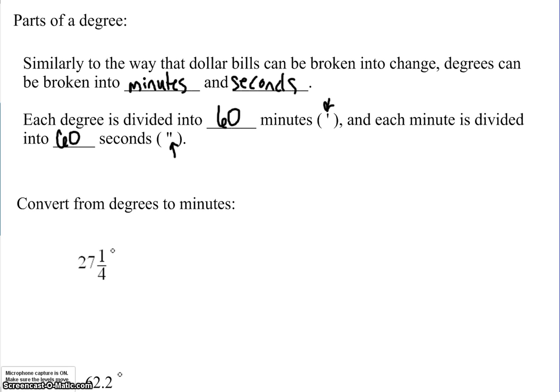Rather than me saying this is 1.5, or this is 20 degrees and then another half degree afterwards, I can break it down into 20 degrees and so many minutes, and if I want to get down to the little bits of a degree, then I can also talk about the seconds of the degree. It's just parts of degrees. Every degree is made up of 60 minutes, and each minute is made up of 60 seconds.